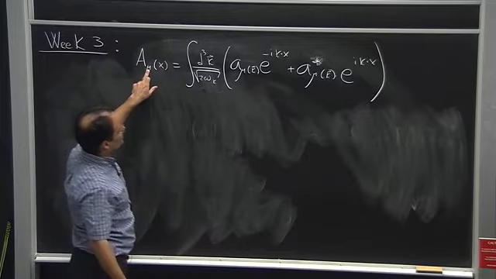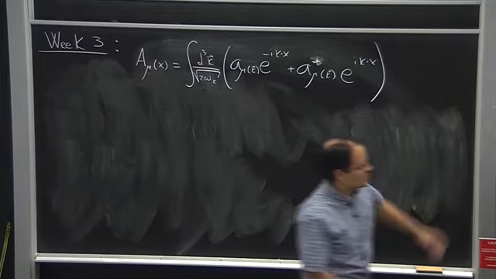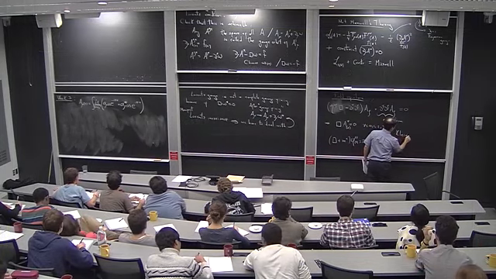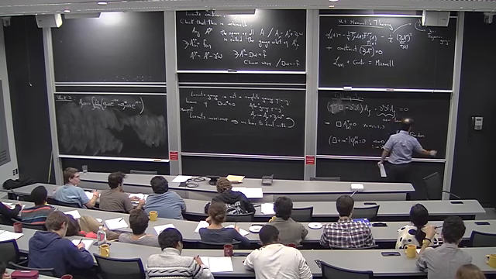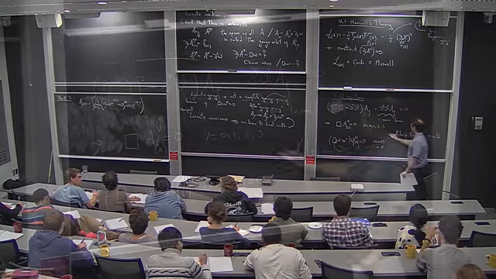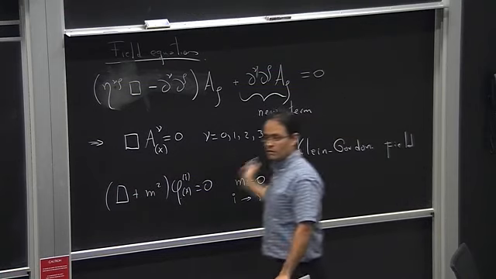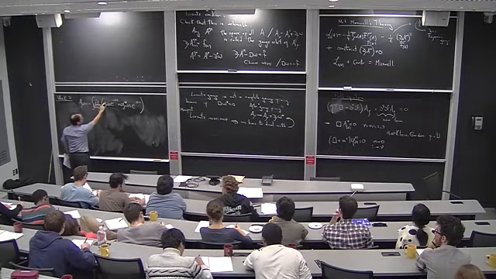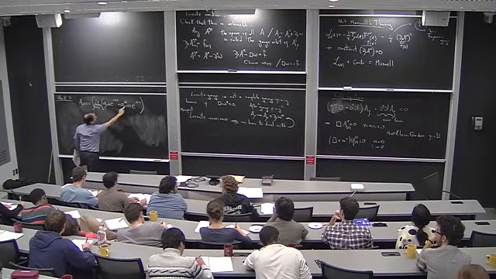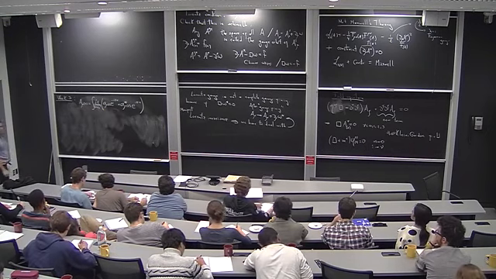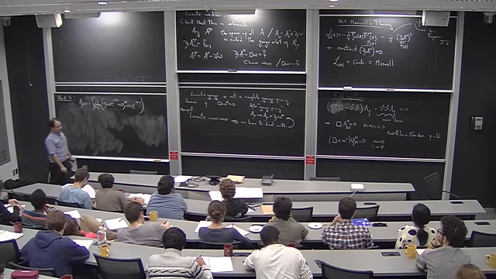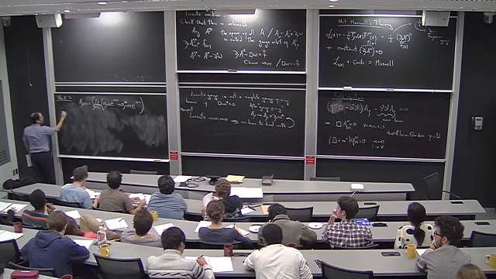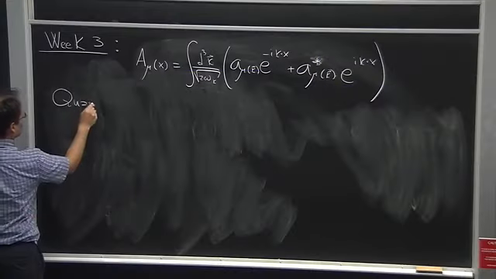For each component, we have exactly the same solution that we had for a Klein-Gordon field. We have 4 Klein-Gordon fields. We just solve for each one of them, and we label the momentum components of each one by the index that they have. Right? So far, so good. Now let's do the quantization of this.